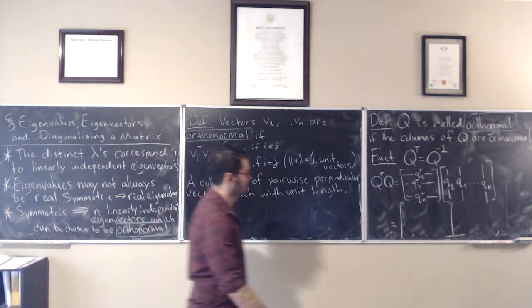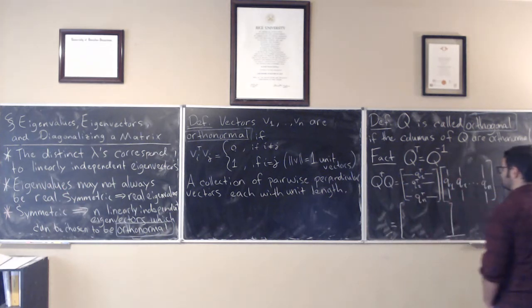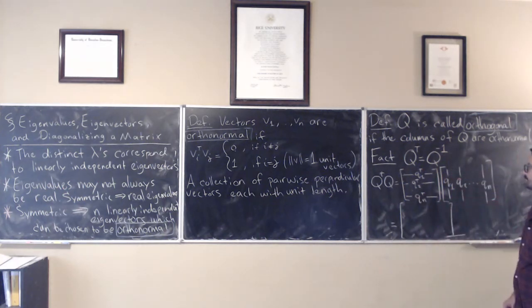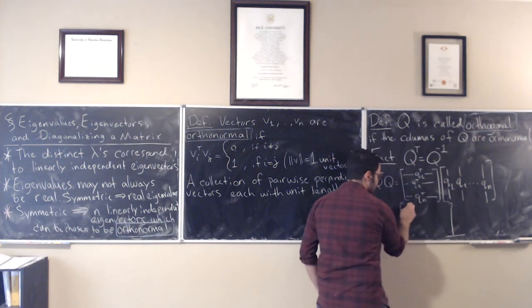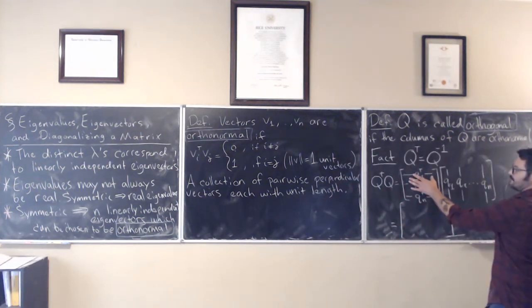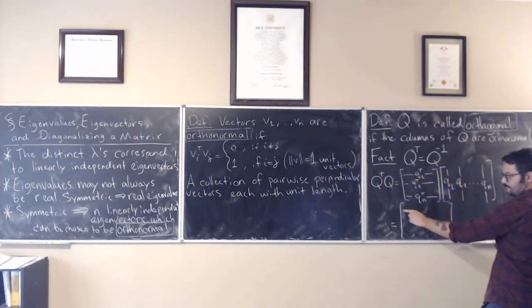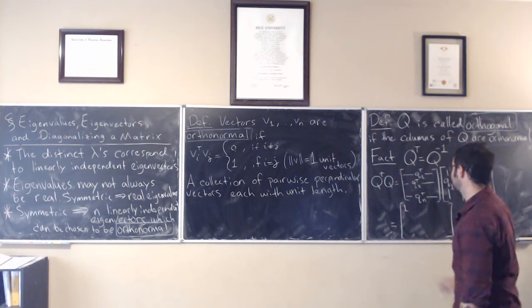How do we get the first entry right there? The first entry is Q1 transpose times Q1. That gives you the very first numerical entry, and we know that's going to be a 1.